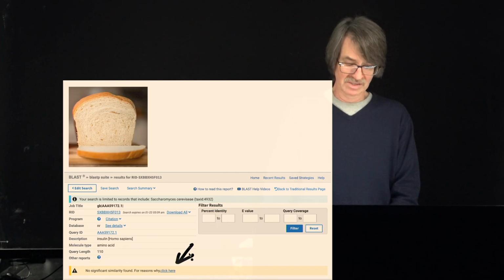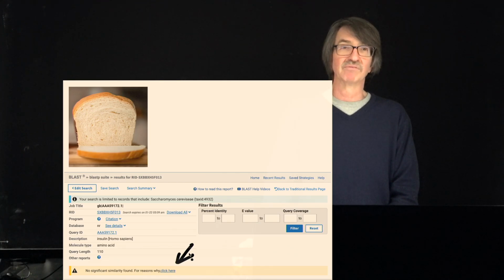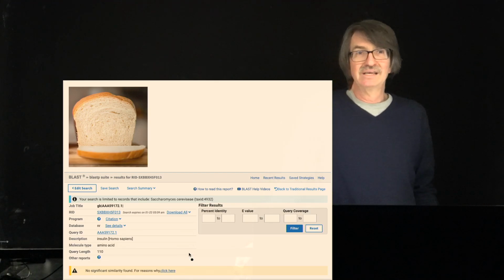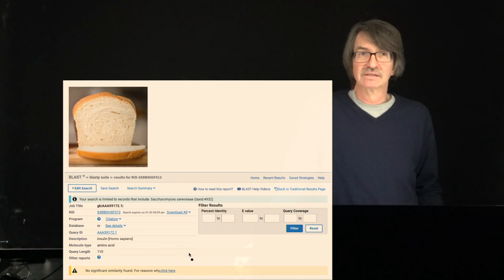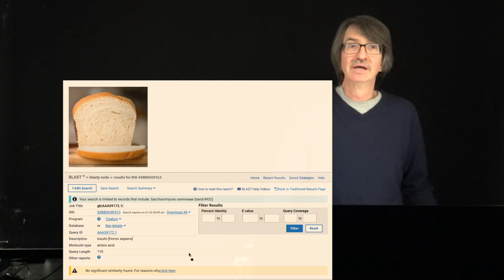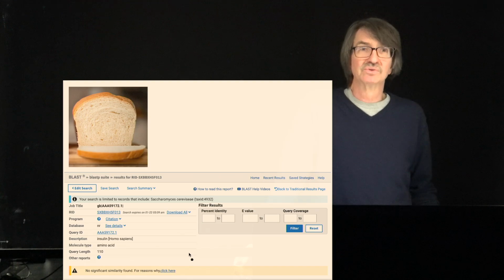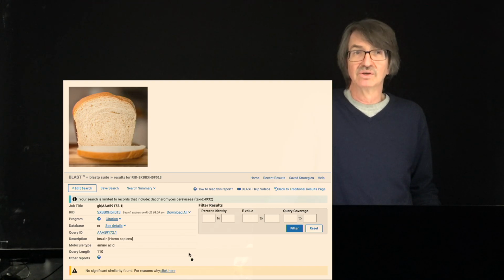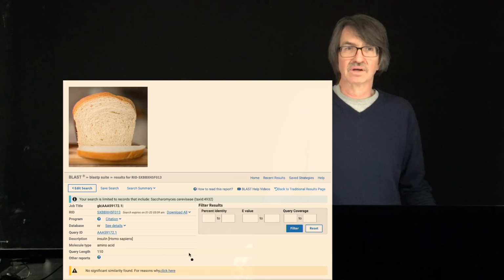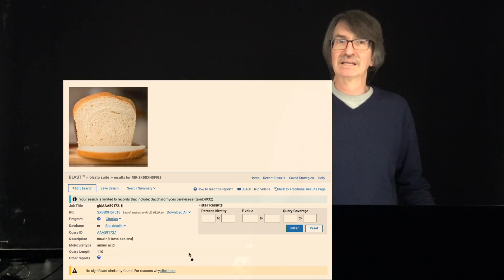Is that because it's so distantly related that we've lost all those zeros? And the answer is no. The answer is yeast doesn't have anything like insulin. Insulin is a hormone that's used in big animals to have tissues and organs respond to a signal. Yeast is a single-celled organism. We wouldn't expect to find it.